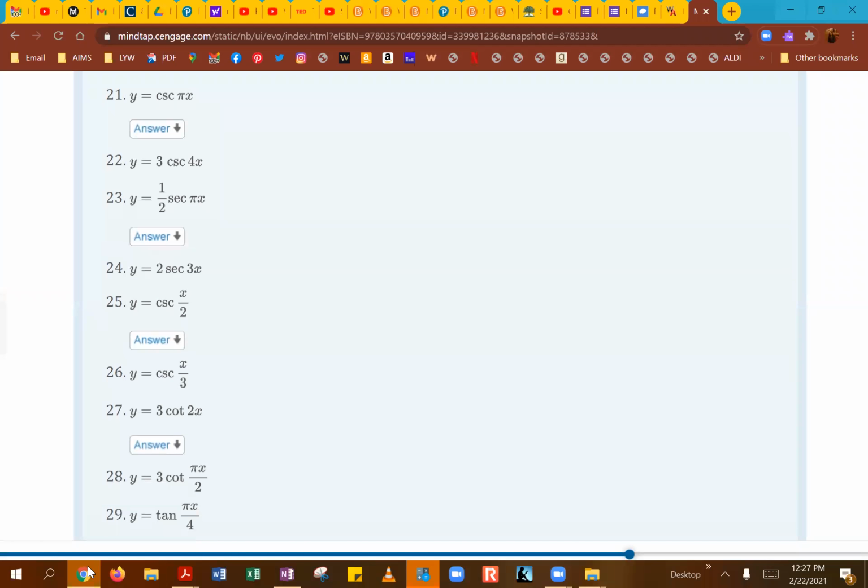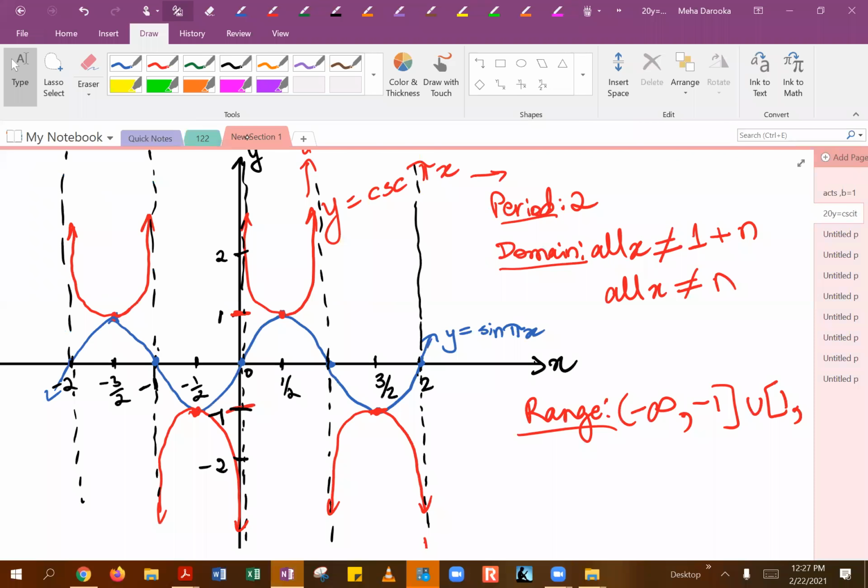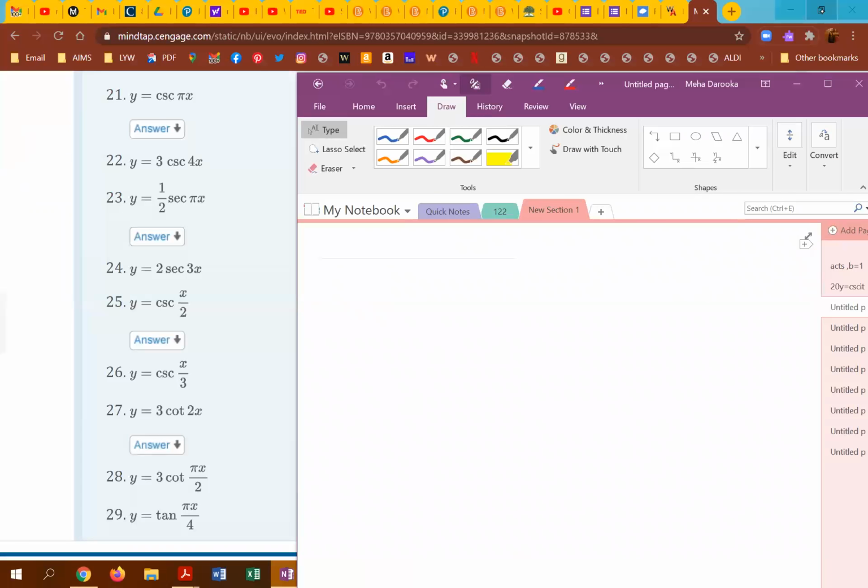Yeah, that's a secant function. So very quickly, let's take a look at what the secant function will look like. So we're looking at number 23 over here. So remember, secant comes from the cosine function.